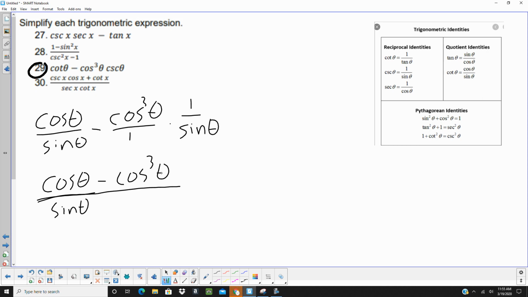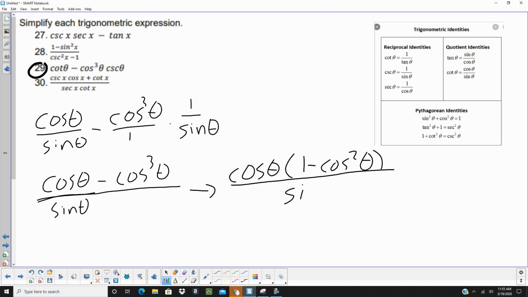Well, looks like I have a common factor. I'm going to try factoring that out. So cosine theta, and I'll be left with 1 minus cosine squared theta. Starting to think of my Pythagorean identity. 1 minus cosine squared would be sine squared.